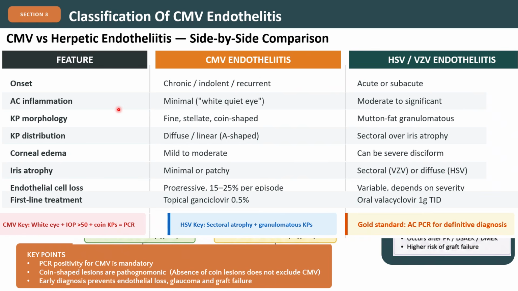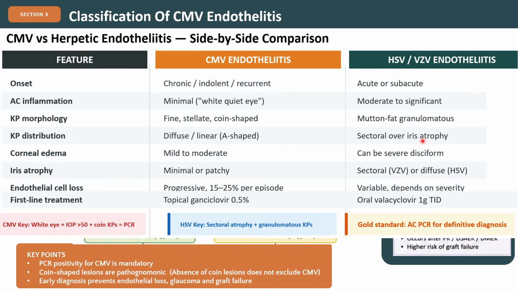Now, one point is the inflammation. Usually cytomegalovirus presents as a chronic indolent recurrent course. The eye usually is quiet, not red or inflamed, with coin-shaped precipitates in the cornea. And as I said before, you will find linear precipitates also, similar to the rejection line. The corneal edema is mild because it is only confined to the endothelium.